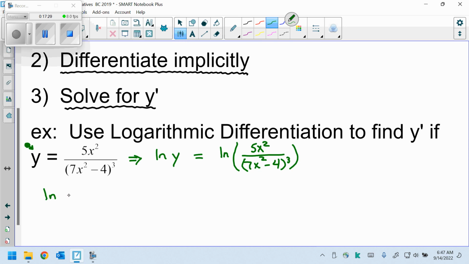I'm going to say that the natural log of y is equal to, instead of writing this as a single log, let's write this as a couple of logs. Let's write this as the natural log of 5x squared minus the natural log of (7x squared minus 4) to the third.